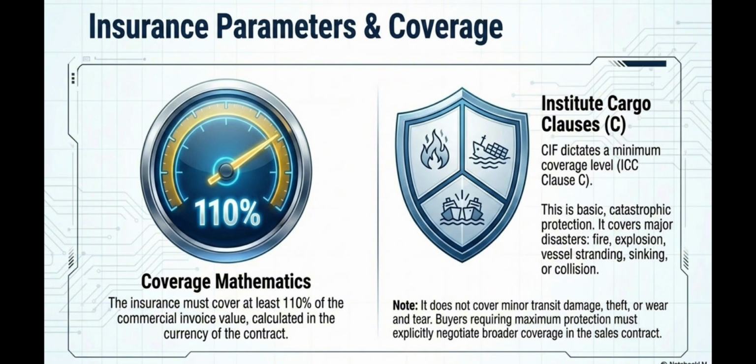It is based on Institute Cargo Clause C, which provides basic coverage for major risks like fire, explosion, or sinking. However, it does not cover minor damage or theft. Additional coverage must be negotiated if needed.